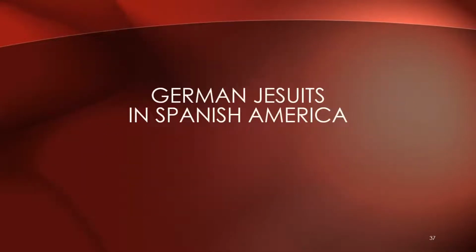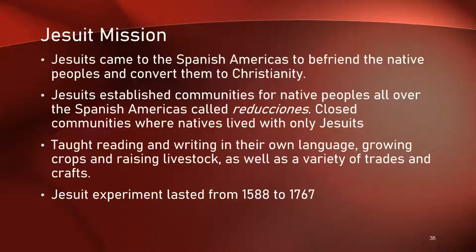Let's talk a moment about German Jesuits. The Jesuits had a mission. The Jesuits, of course, were made up of many nationalities, and some were German speakers. But the Jesuits went to the Spanish Americas to befriend the native people and convert them to Christianity.